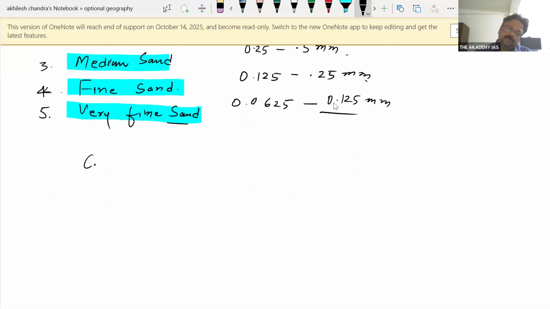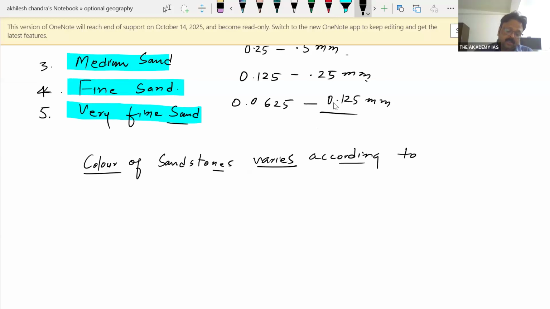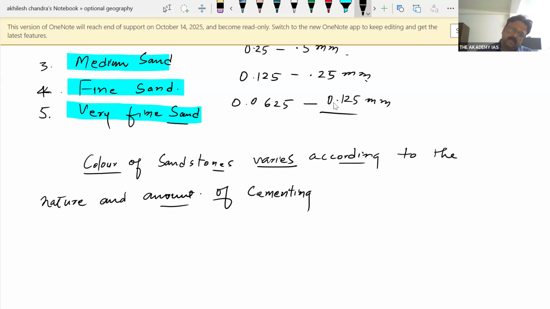Further, the color of sandstone varies according to the nature and amount of cementing element and minerals.